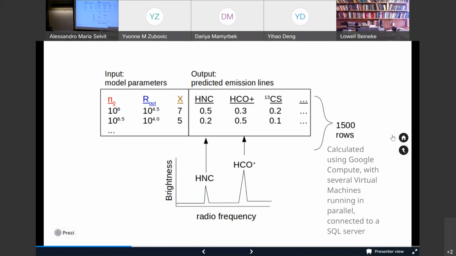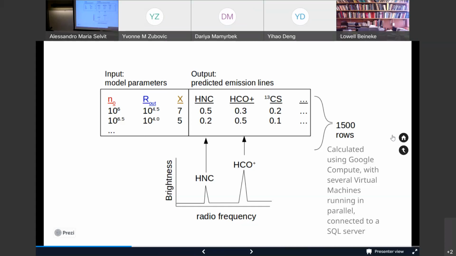This is actually a pretty difficult calculation because we need to do so many of them. On a desktop computer, it would take several months to do all the combinations that I aimed to do. So instead of waiting several months, I set up the calculation using Google Compute.